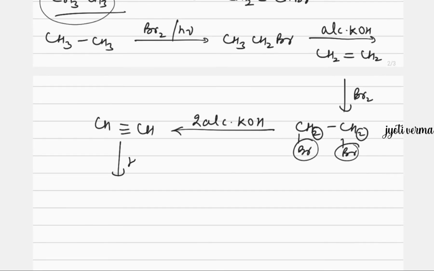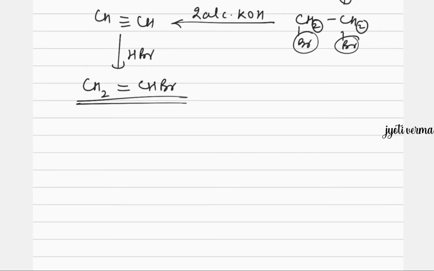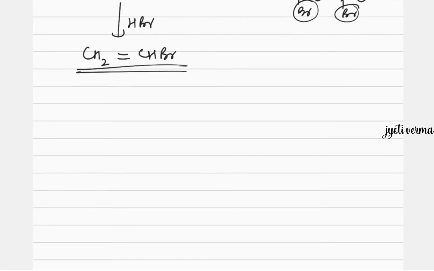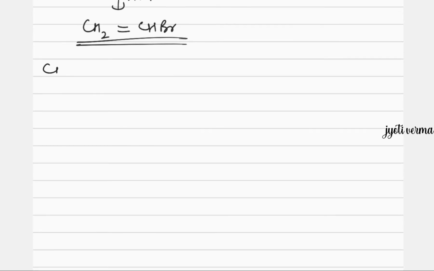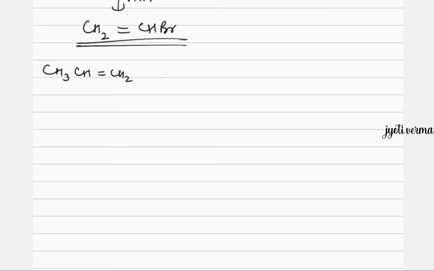Now you add HBr to it. It will be CH2, H on one side, Br on the other side. So the triple bond converted to double bond, and we'll be getting bromoethene. So number 2 is done. Moving to the next. Propene to 1-nitropropane. Propene CH3CH double bond CH2 to 1-nitropropane.